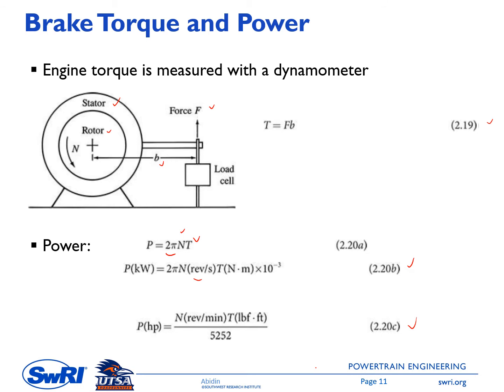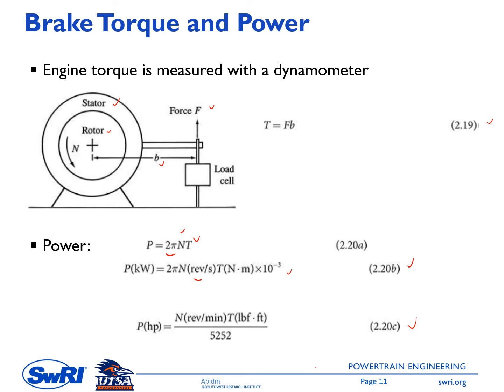But the popular unit that you see in your engine dashboard is usually RPM, rotation per minute, so you need to divide by 60 to convert from RPM to RPS. And then the torque unit here is Newton meter, and then we need to multiply it by 10 to the power of -3 to get the power in kilowatt.